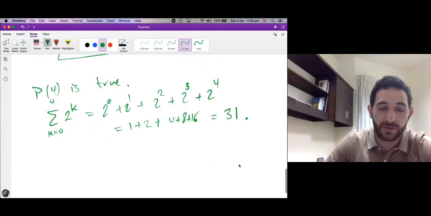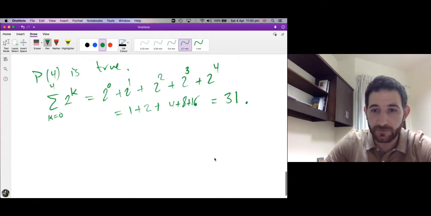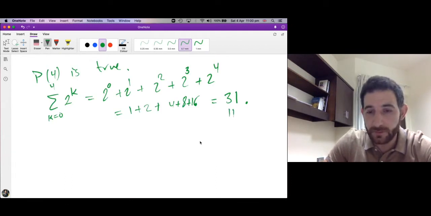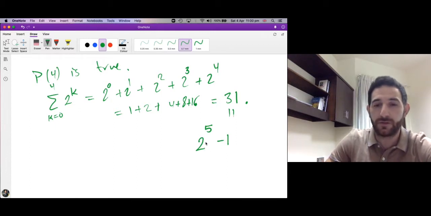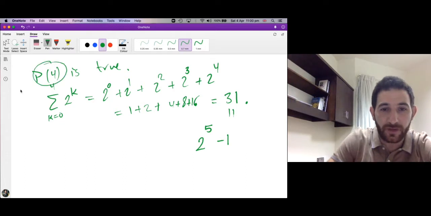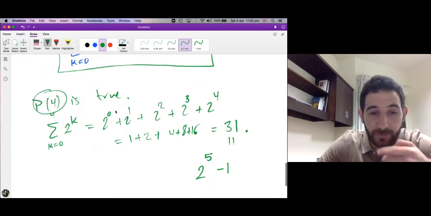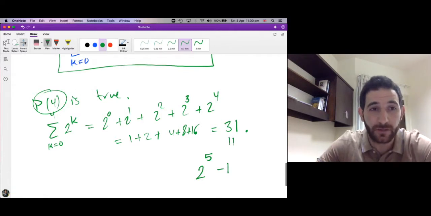Now, is 31 equal to 2 to the power 5 minus 1? 32 minus 1 is 31. So this means that 4 has the property P. So this is what we want to show, that this property holds for every natural number.